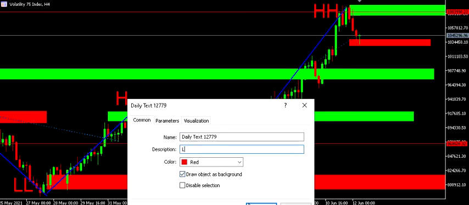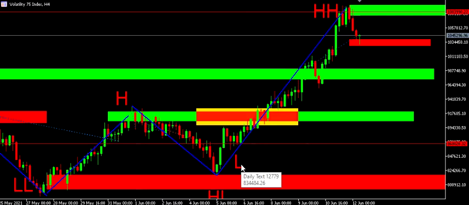Mark low with L. Now we are having a higher high because this point is higher than this point. So we have a higher high. This shows a strong bullish momentum. All right, so that's that for the 4-hour chart.